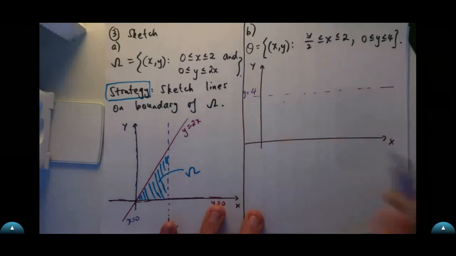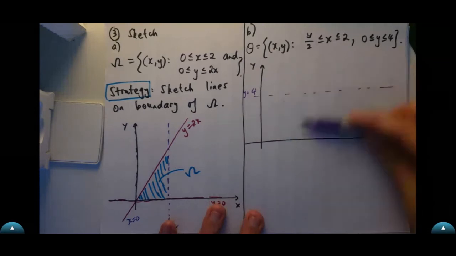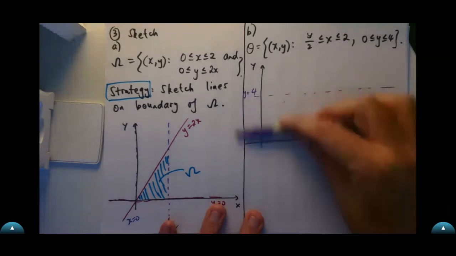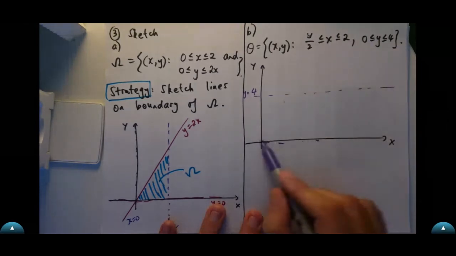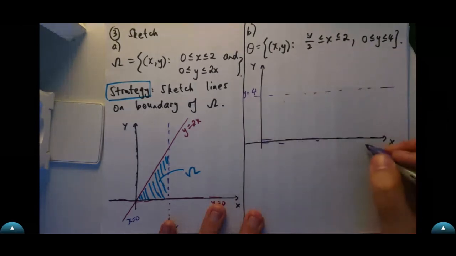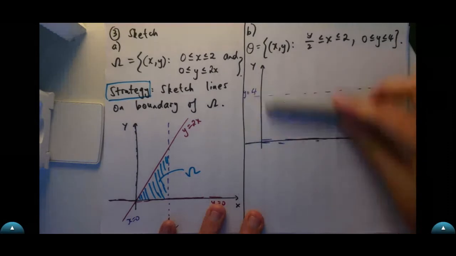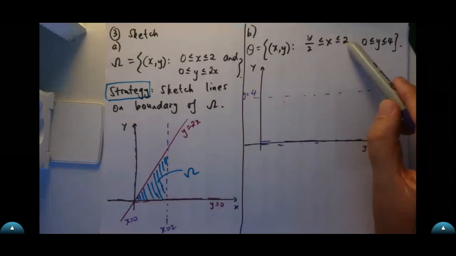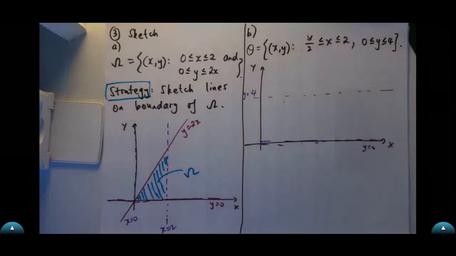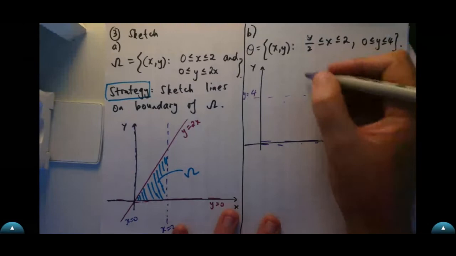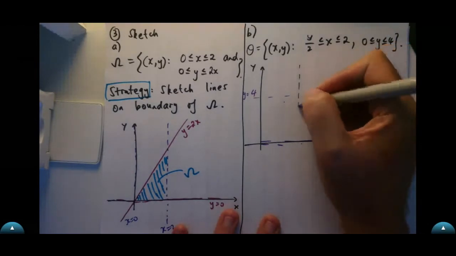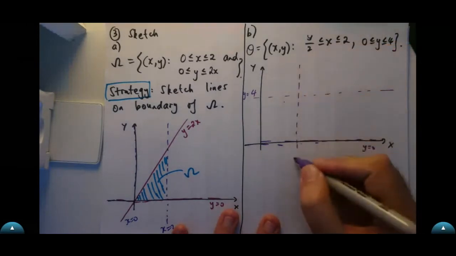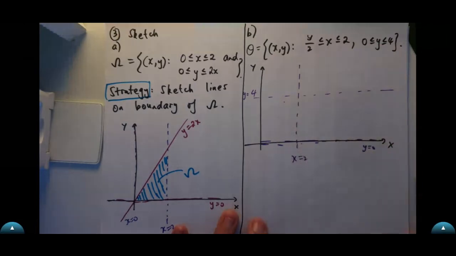Y equals 4. So there's my little strip there, and I know my points are going to be somewhere in between these two lines. Now x is between 2 and y on 2. If I go down here, this is the vertical line x equals 2.